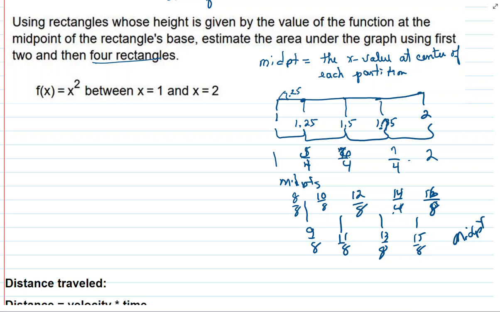All right. So now that I know that, and I have the 4 partitions with the midpoint, and I know my partitions are 1/4, the area of this function in 4 partitions is, you can use decimals, and it'll work because it's eighths.